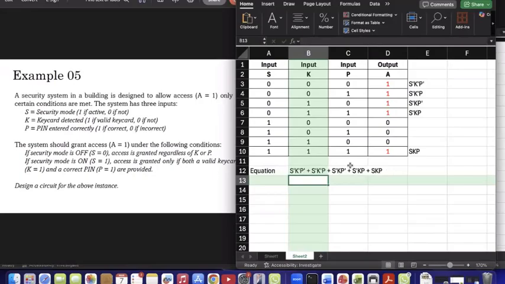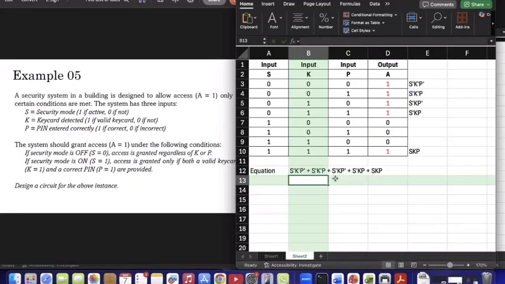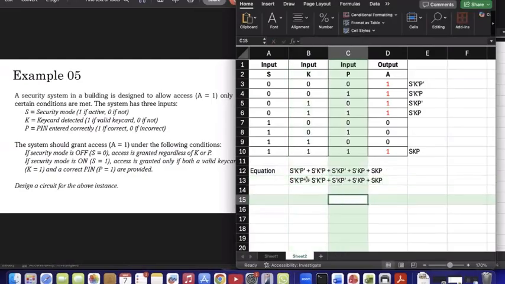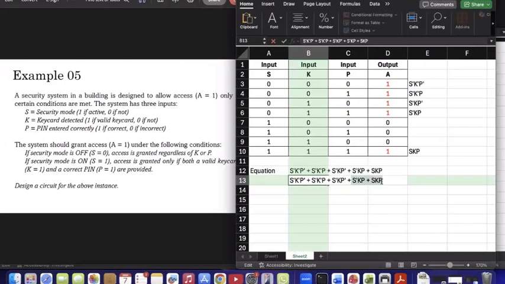So is there any common terms, I mean common expression repeating? No. But I think you can see S bar, if you take this one, these two, what's the problem? K P is common.